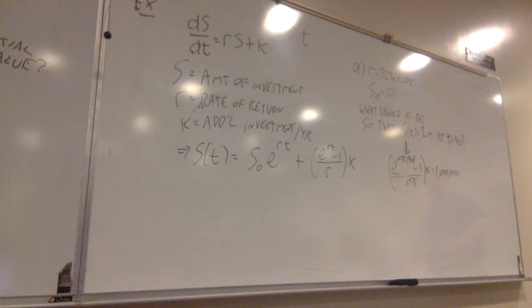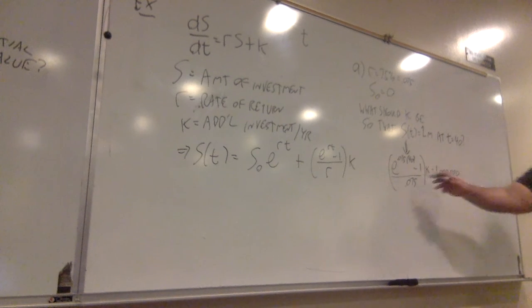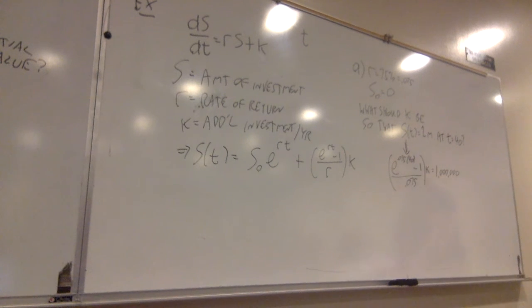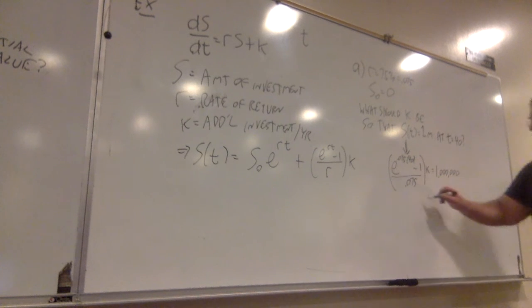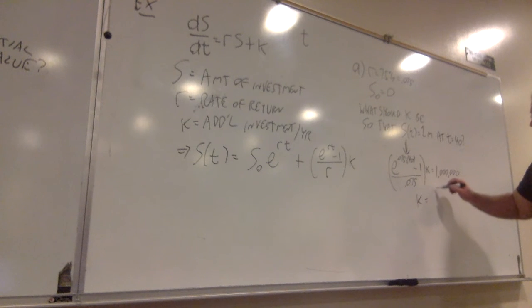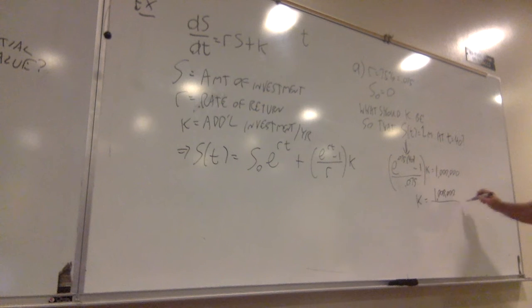Now, the thing is, everything in parentheses here, all that's known. So we just grind that out on your calculator. So we get k is equal to 1 million times 0.075 over e to the 0.075 times 40 minus 1.